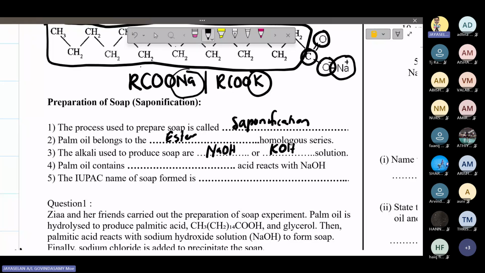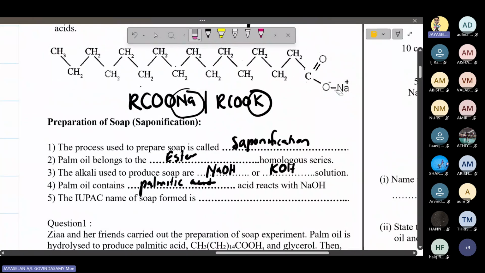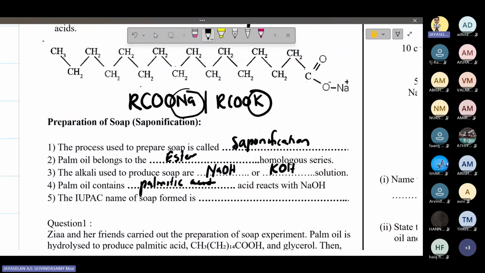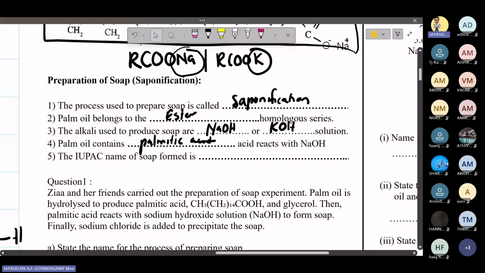Palm oil is a triglyceride. And one glyceride is called what? Palmitic acid. Any question? What is the IUPAC name of the soap formed? So inilah, ini soap dia. They give you this soap, or they give you this soap.